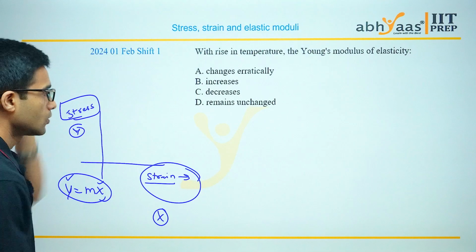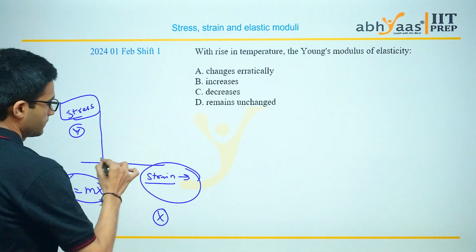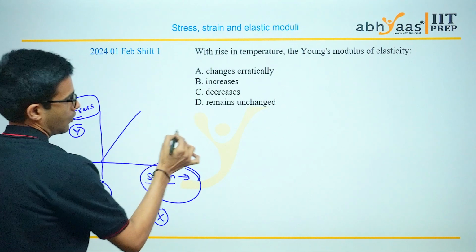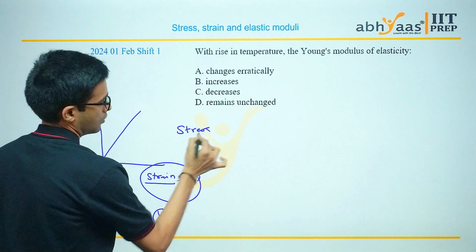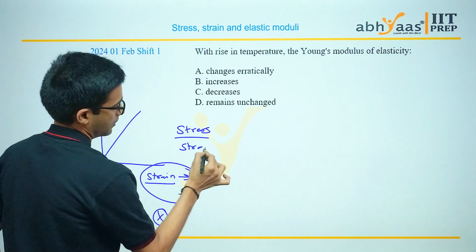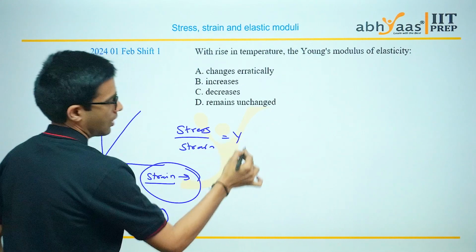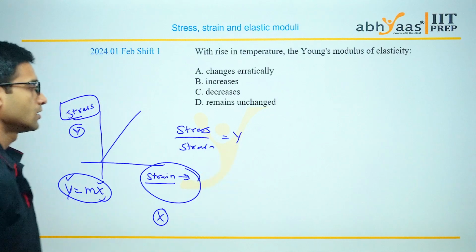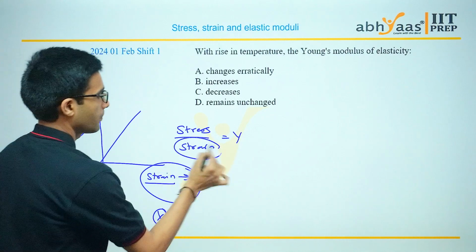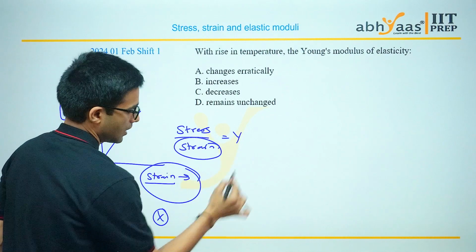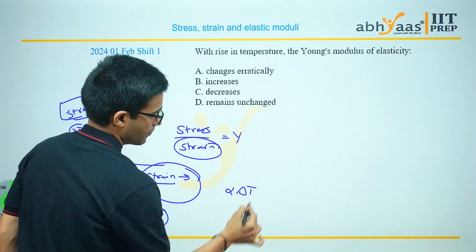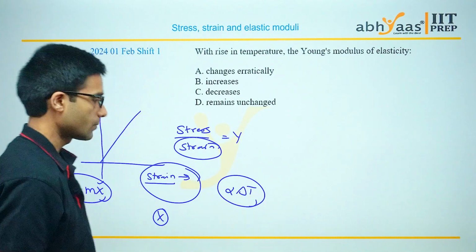So if you take any point, stress by strain is equal to Y or E, anything, Young's modulus. If a rise in temperature is there, that means strain is generally alpha delta T. We can do it in many ways; I am telling this one.